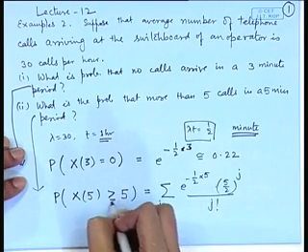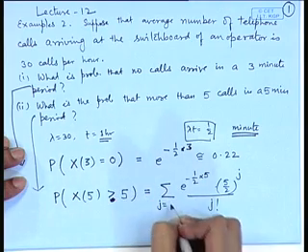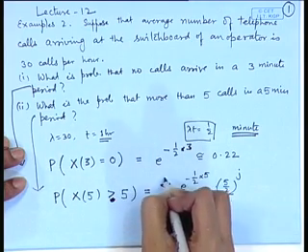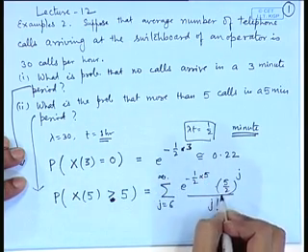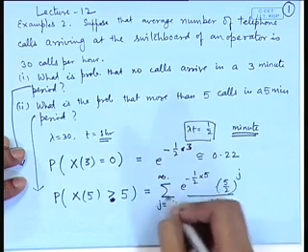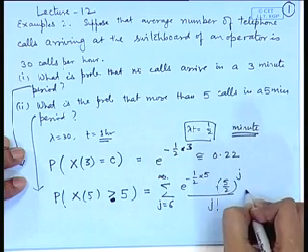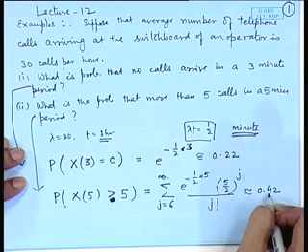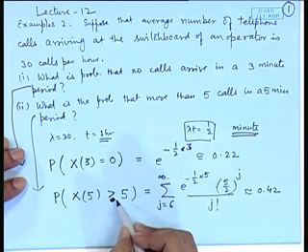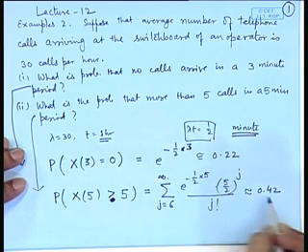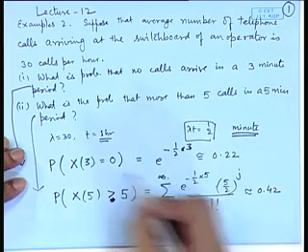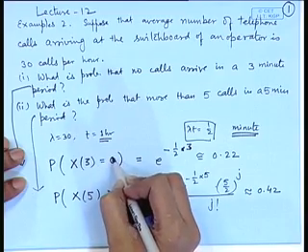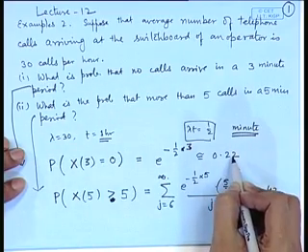So, we will put strictly greater than here in place of greater than or equal to. So, j is equal to 6 to infinity. From the tables or by calculation, we can check it is approximately 0.42. So, the probability that more than 5 calls will be received in a 5-minute period is 0.42, and the probability of no call being received in a 3-minute period is 0.22.